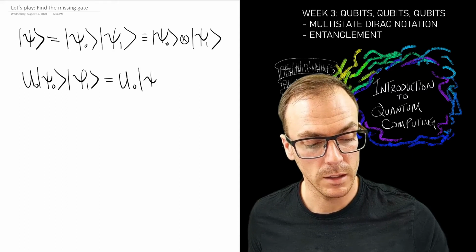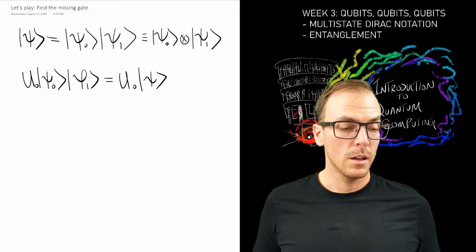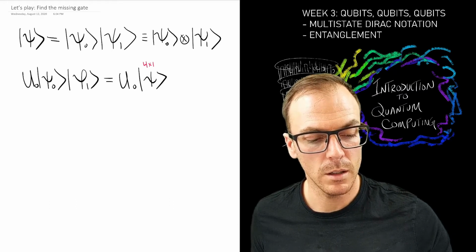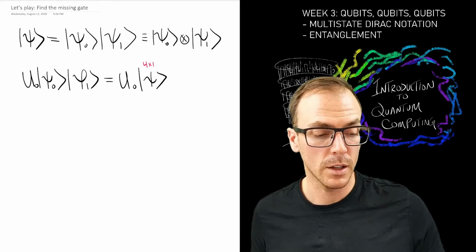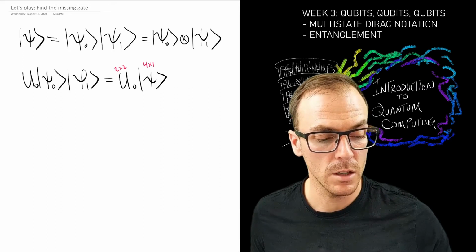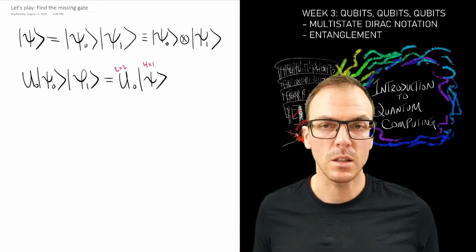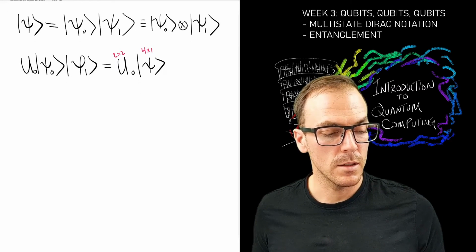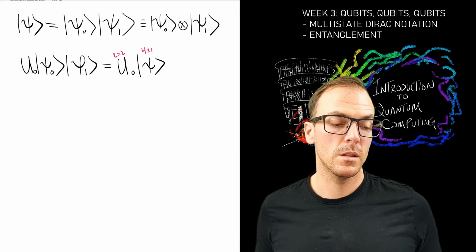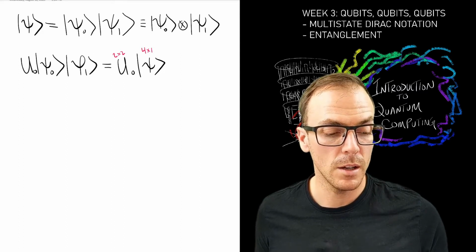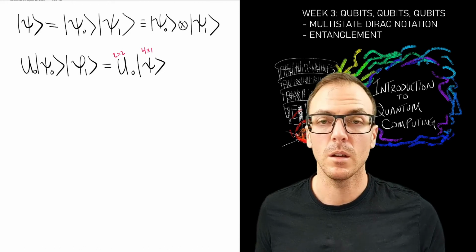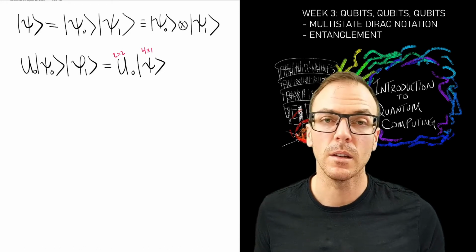U0 acting on side. Okay, this kind of looks like there's a problem because I have a 4 by 1 column vector, and here I have a 2 by 2 matrix. So how is it that those things line up? And they don't, because this is not meant to represent a multiplication in linear algebra as written literally.